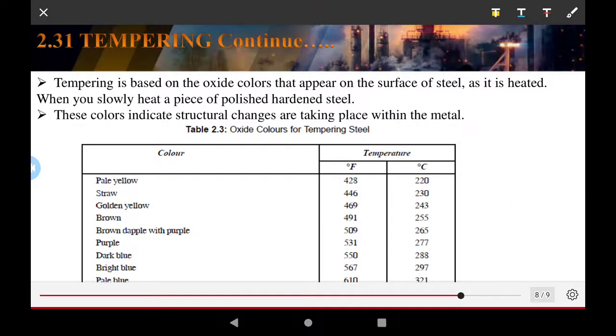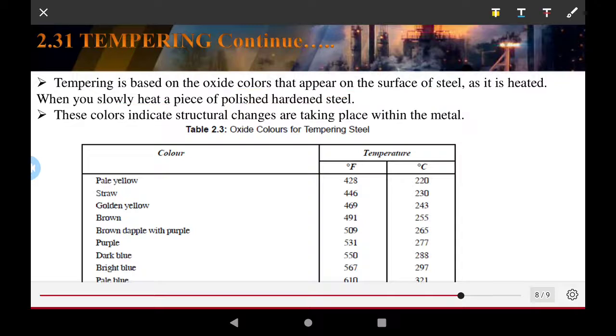Tempering is also judged by the oxide colors that appear on the surface. When steel is slowly heated, these colors indicate the structure change of the piece of metal or steel rod.